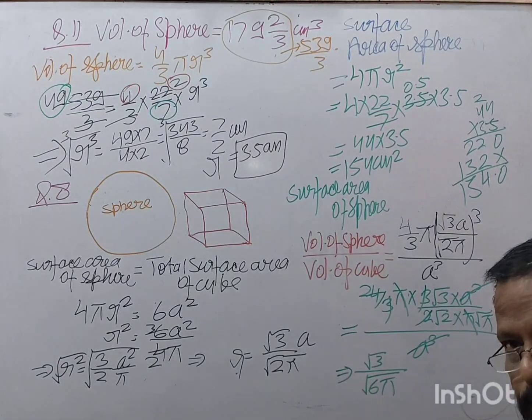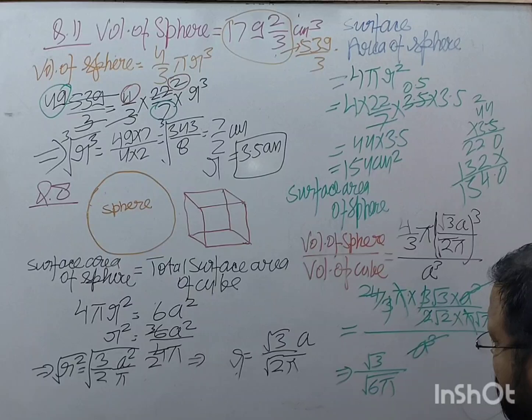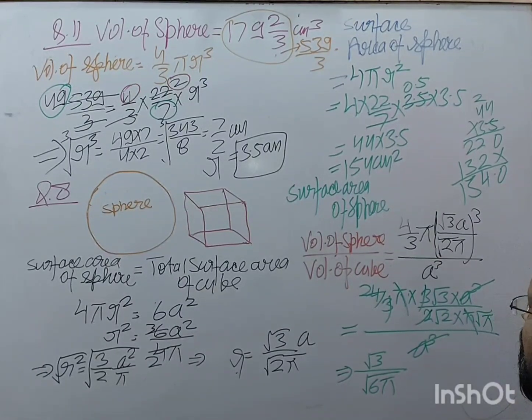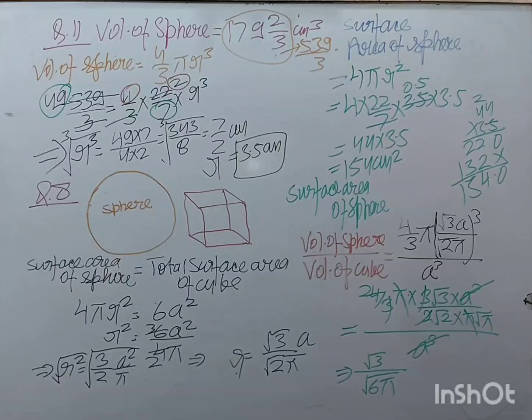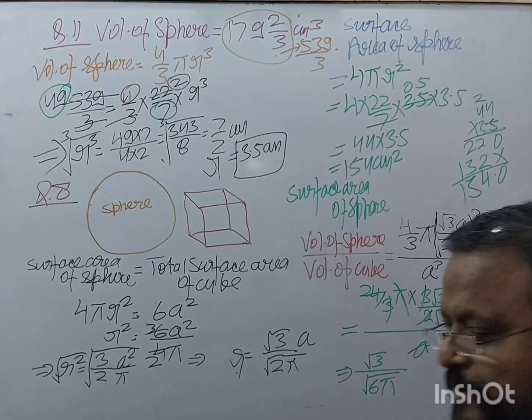What is your answer? Root 6 ratio root pi. Okay, this pi comes down, right? Okay, done. Sorry, I made a mistake.